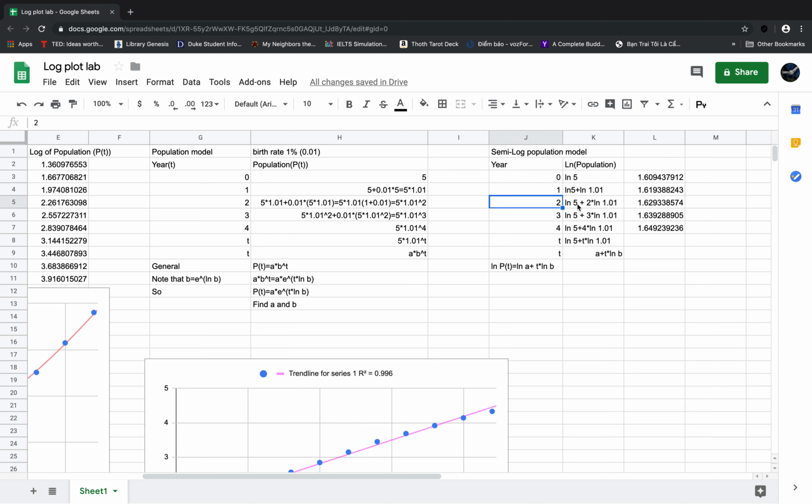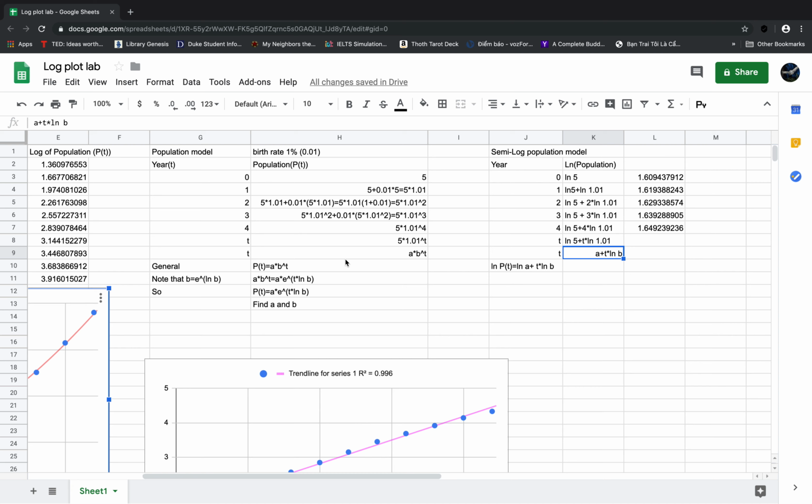In year 2, we have log of 5 plus 2 log of 1.01, etc. And in general, we have log of 5 plus t times log of 1.01. And if the equation is a times b to the t, the equation of the log population is log a plus t log b, right?